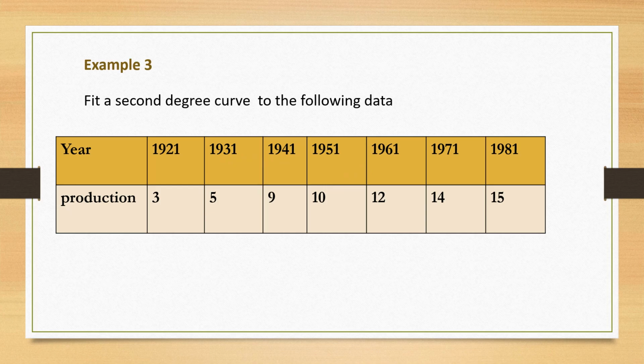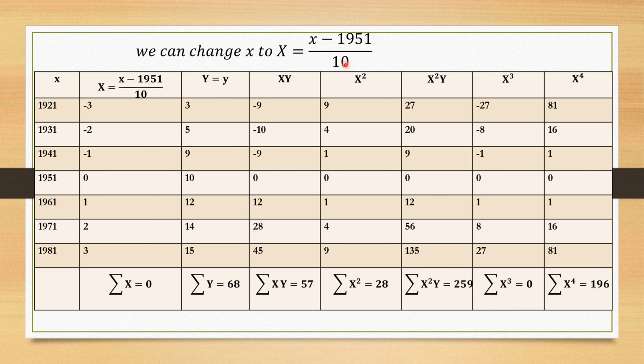Okay, so what we will do is form a new variable, capital X, which is x minus 1951 upon 10. Why this 10? I'll show you that. When you have the small x, this is the given problem. Now we are changing the small x to capital X, which is defined by small x minus 1951 upon 10.